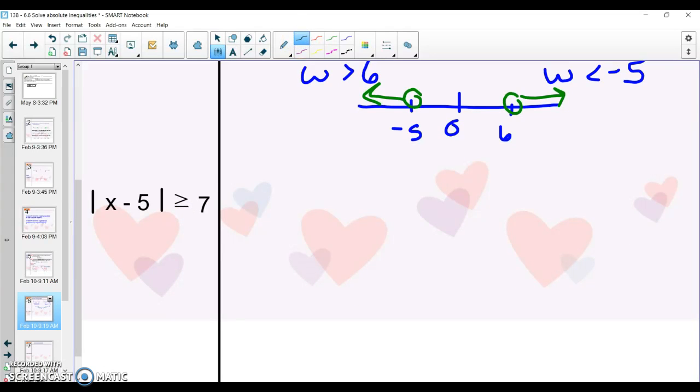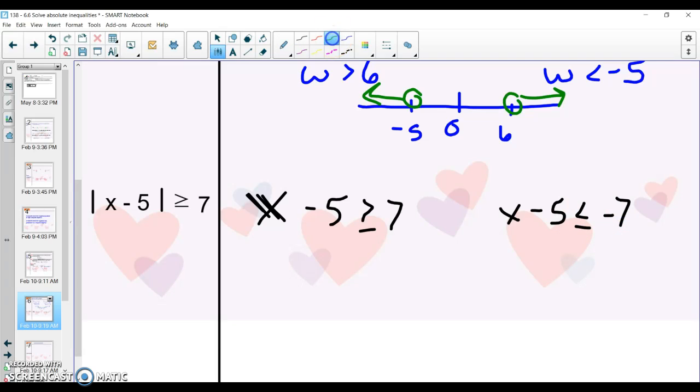Again, I take a look. I have nothing on the outside of my absolute value bars. So I'm not going to worry about that. And then I'm going to write my two inequalities. I solve for x for both of them.